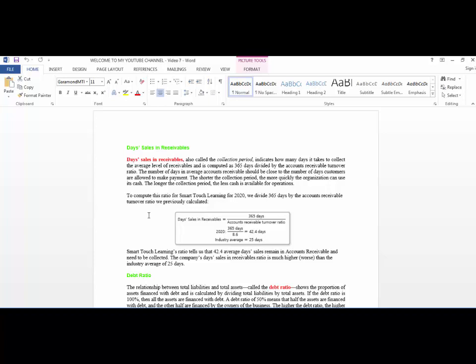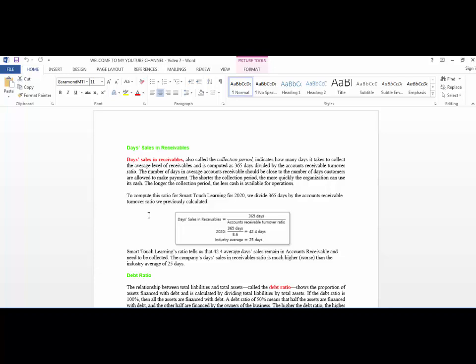If the collection period is longer, the company has less cash, and it can be difficult to maintain operations. So a shorter collection period is much more acceptable compared to a longer one. We have a formula here: days' sales in receivables equals 365 days divided by the accounts receivable turnover ratio.